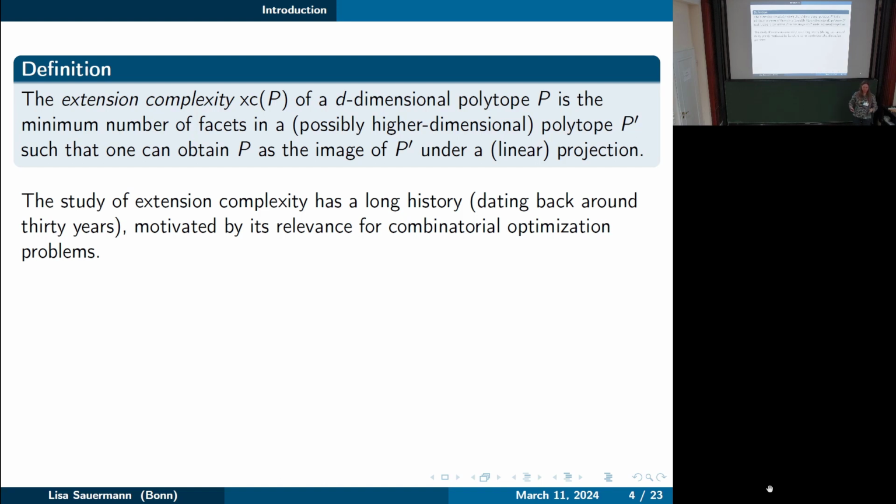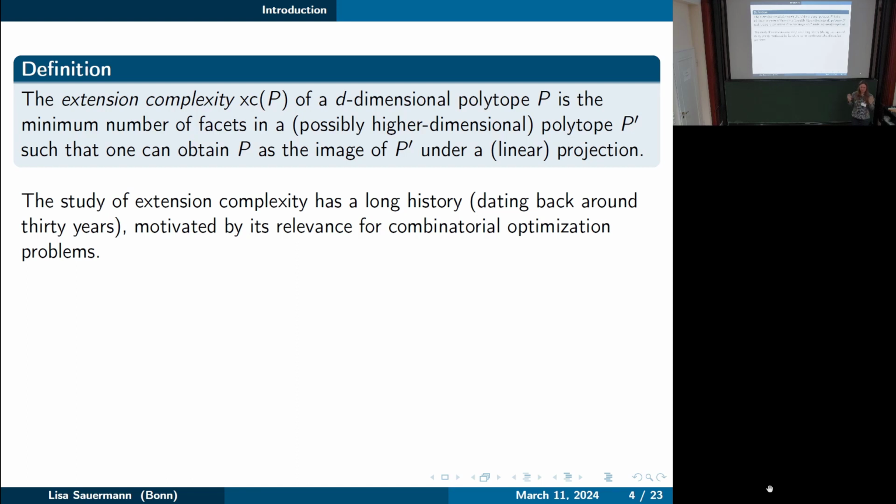And so now if you find a higher dimensional polytope with fewer facets, so fewer inequalities projecting down to the original one, you can solve the linear program you wanted to solve on this downstairs polytope. You can lift that up to the upstairs polytope, solve it there potentially faster if there are much fewer inequalities, and so that gives rise to a much faster algorithm potentially.